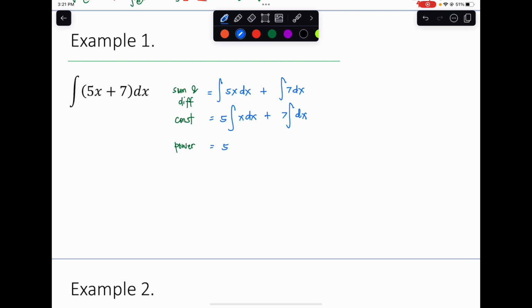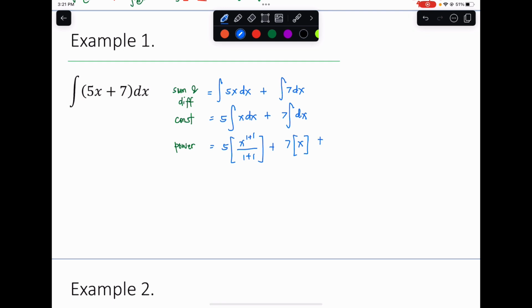So that is 5 times the integral of x dx; using the power rule, our n is 1, so that makes it x raised to 1 plus 1 all over 1 plus 1. Then plus 7, and the integral of dx is simply x.